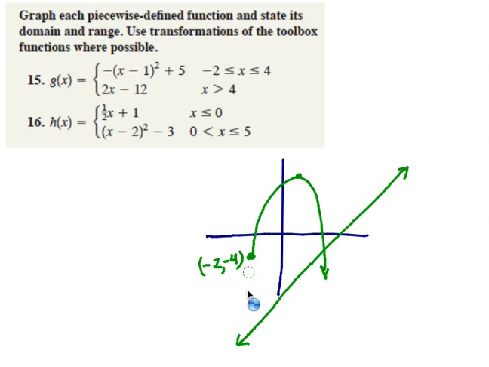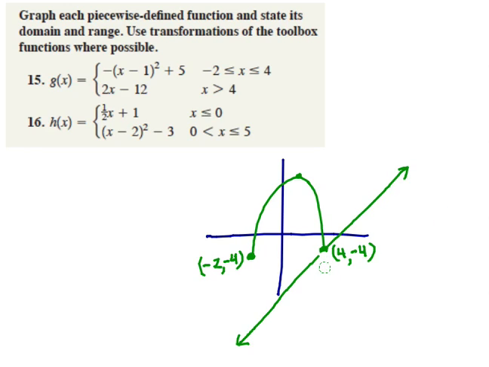My other endpoint was at positive 4, so 4 minus 1 squared, negative 9 plus 5. Again, this will be at positive 4, negative 4. My sketch isn't super to scale here, but we can live with it. Everything beyond that isn't important, so we can erase it.